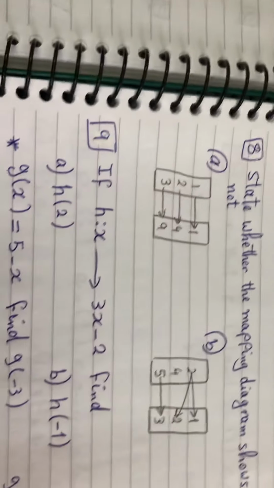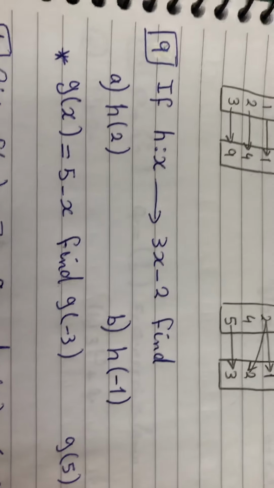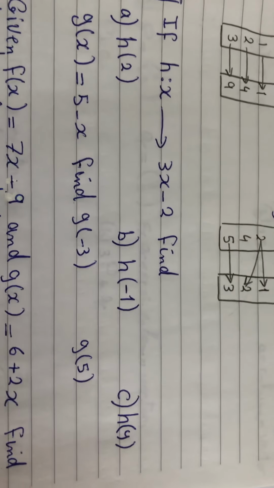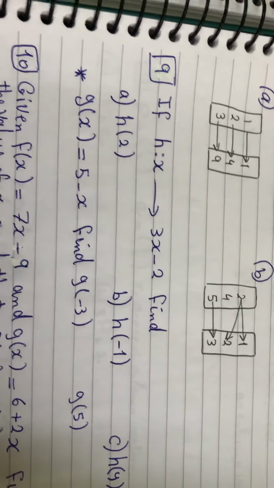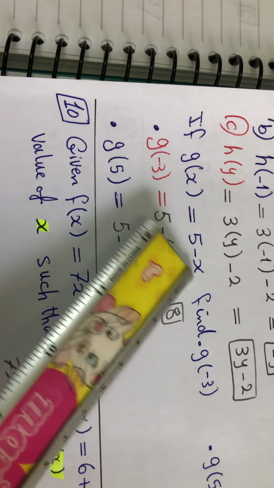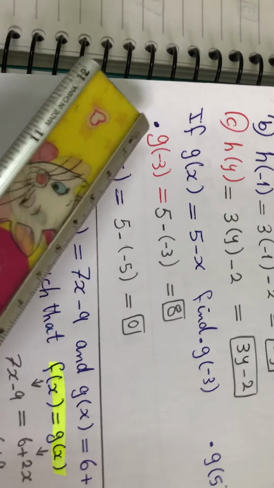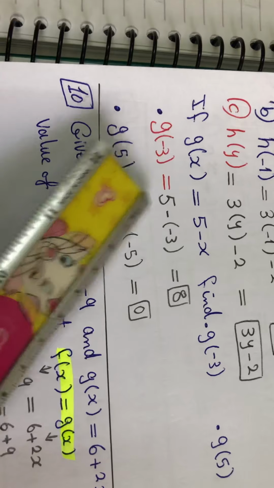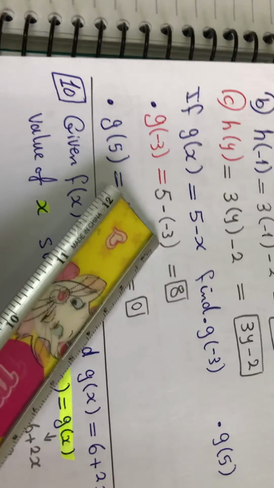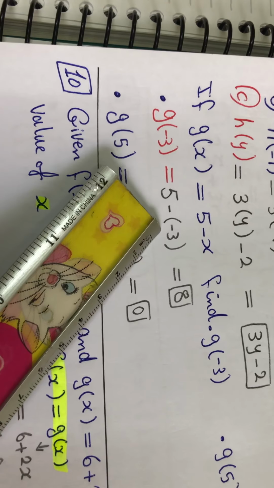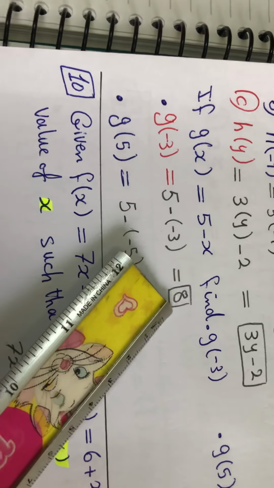Also, we have in our sheet another function, g of x equals 5 minus x. Find g of negative 3 and g of 5. The easiest thing in function. I'll substitute x and put instead of it negative 3, or instead of it 5. g of negative 3 equals 5, the same, minus is minus. Instead of x, I'll put negative 3. So I have negative beside negative, which equals positive. So 5 plus 3 equals 8.